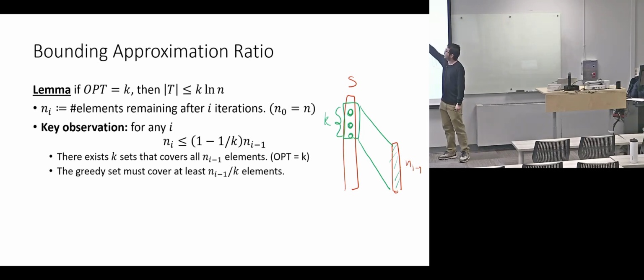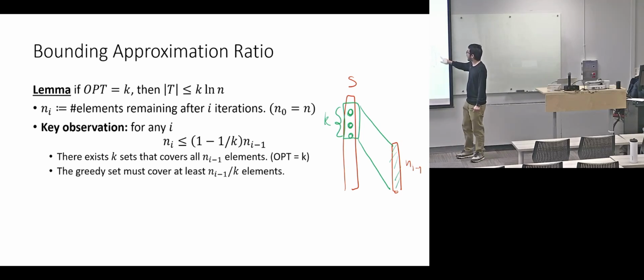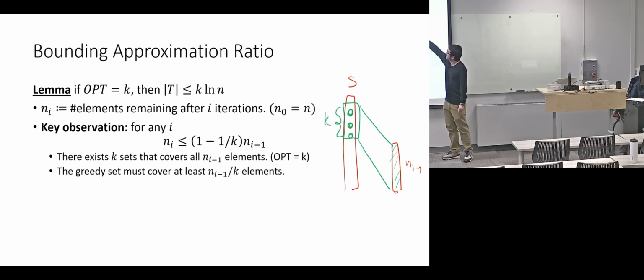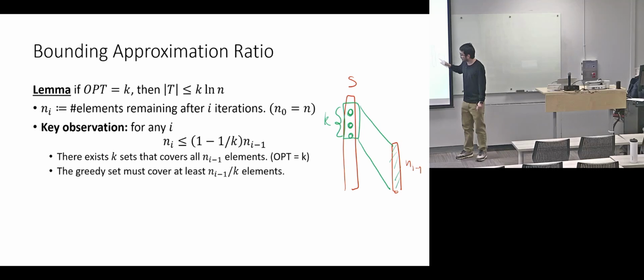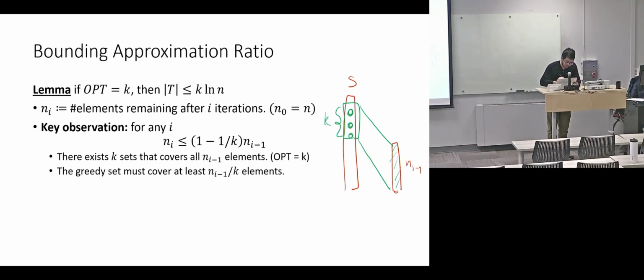So one of these k sets will cover at least n(i-1) over k elements. But how do we know that the greedy algorithm is selecting one of the k sets that are in the optimal solution? No, we don't know that. But we know that there exists a set covering at least n(i-1) over k.